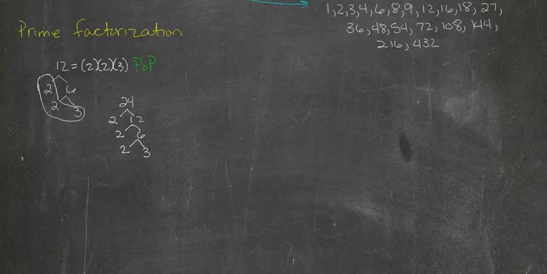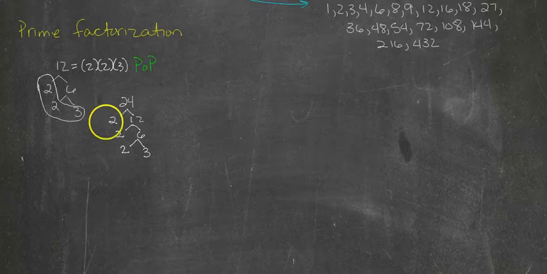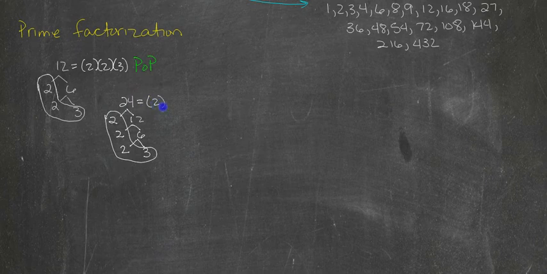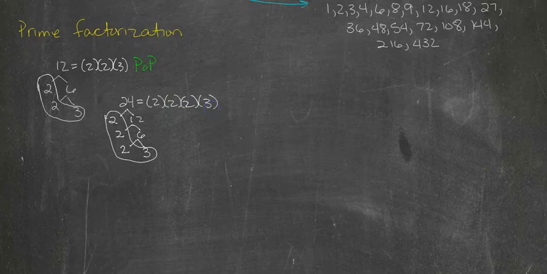And pretty soon you'll be able to do this in your head, without having to draw out the hockey stick. So again, here we are with the hockey stick. So 24 is 2 times 2 times 2 times 3. So that's the prime factorization, or the PoP of 24.